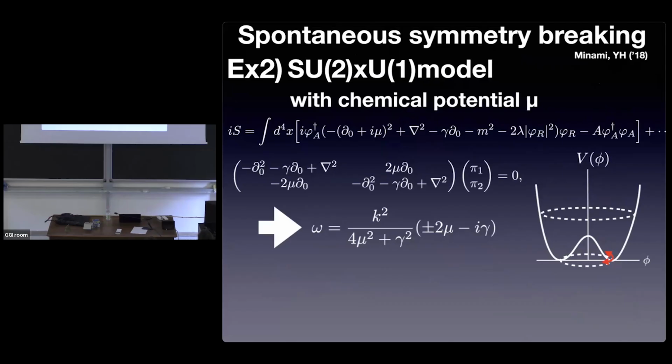This is nothing but a U(1) × SU(2) × U(1) model with chemical potential. Then the equation of motion for the pion, one of the two pions, has this form. If this friction term is absent, you see just a quadratic dispersion.